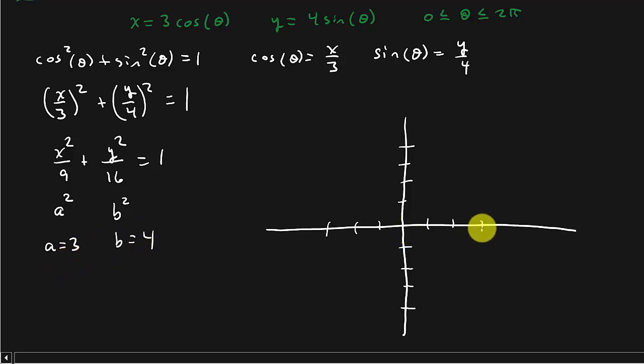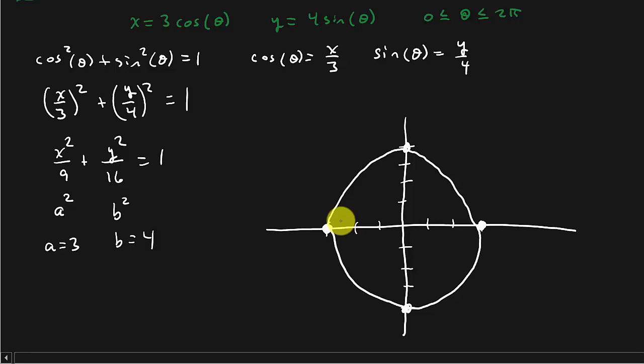So 3 tells us we move 3 units to the right, 3 units to the left, and this ellipse is centered at 0, 0. And then b equals 4 means we go up 4 and down 4. And now we can sketch in this ellipse, and I know it doesn't look very good, but that's an ellipse.